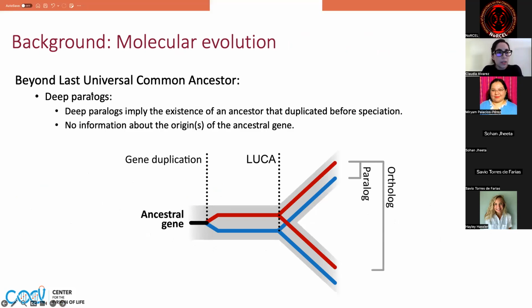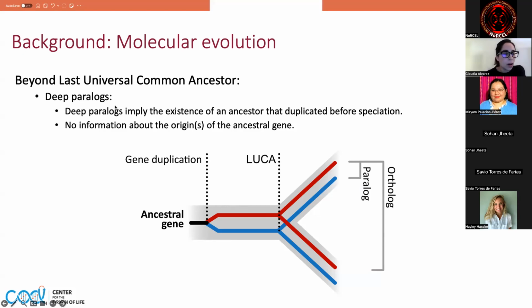We are interested in understanding not only the last universal common ancestor, but also the events that occurred before this population existed. If we really want to understand things that happened before the ancestor of all living organisms, we need to use information given by molecules called deep paralogs.